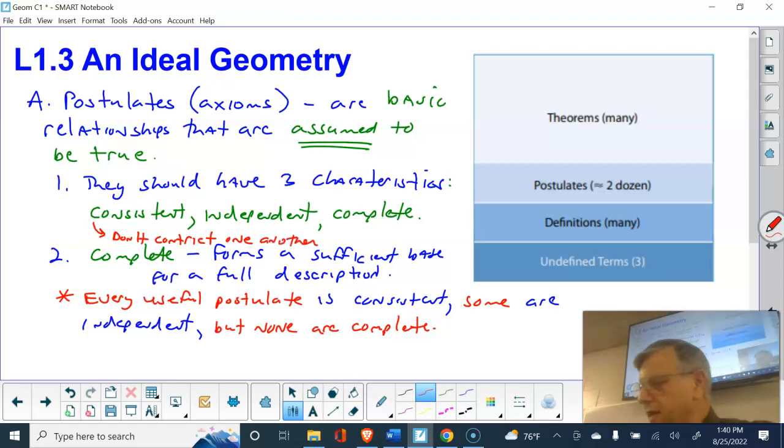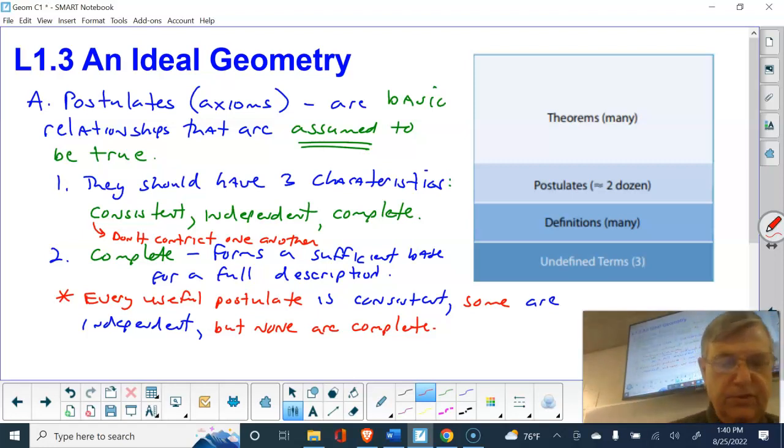So consistent, they don't contradict one another. And then independent we'll talk about here in a moment as well.